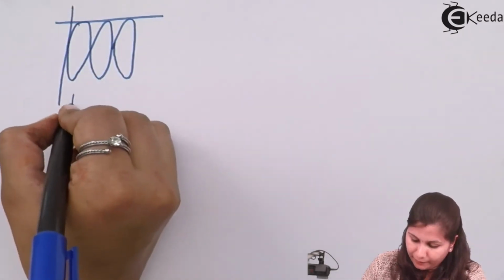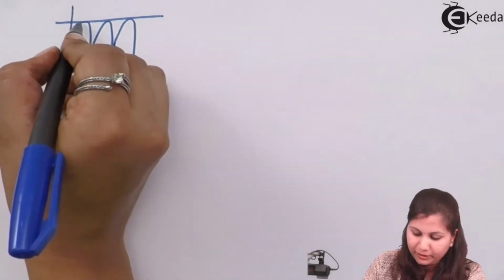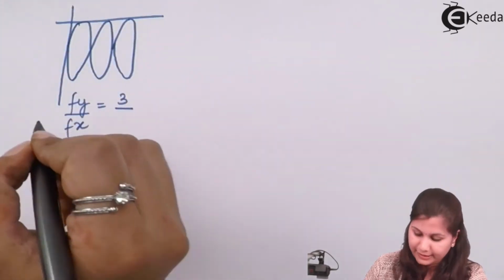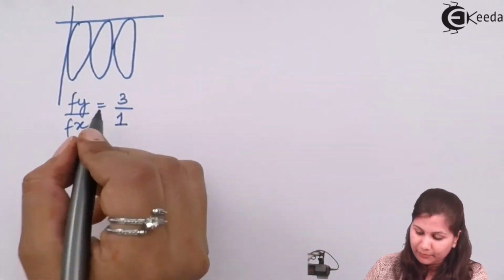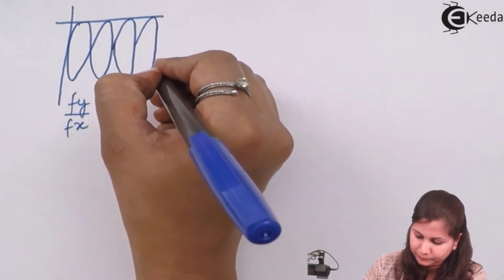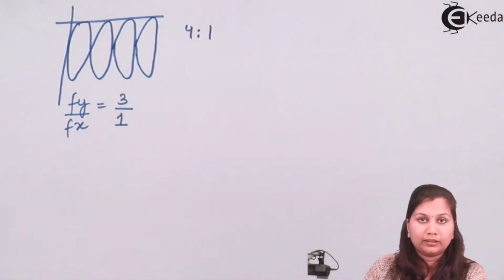So Fy upon Fx will come out to be 3, as 3 points are there, and on either side it is touching only 1, so this is 3:1. Similarly, if we are having 4 here, that will be 4:1.